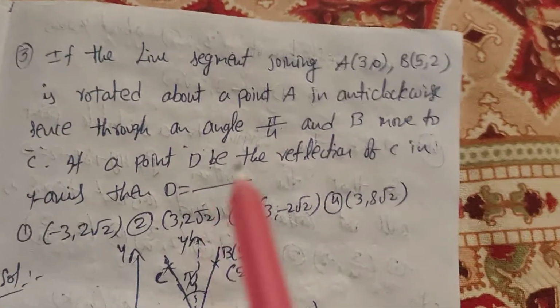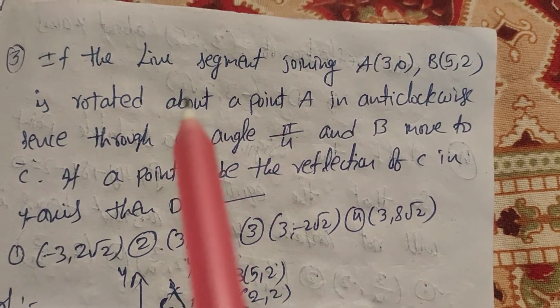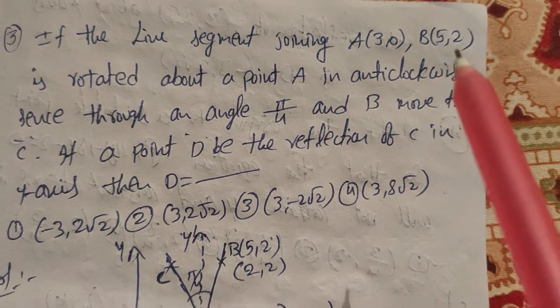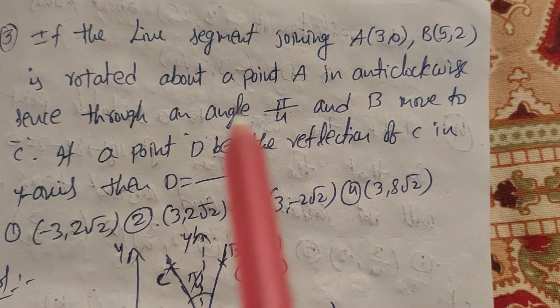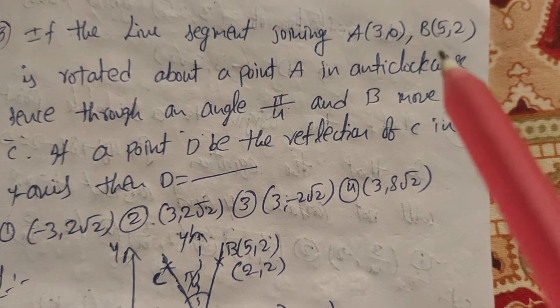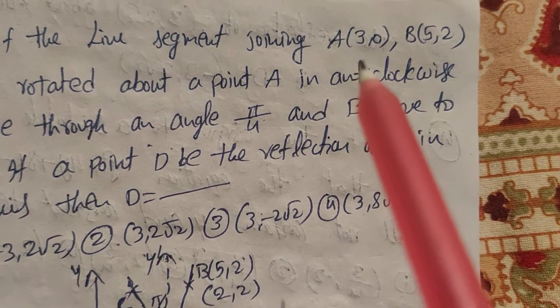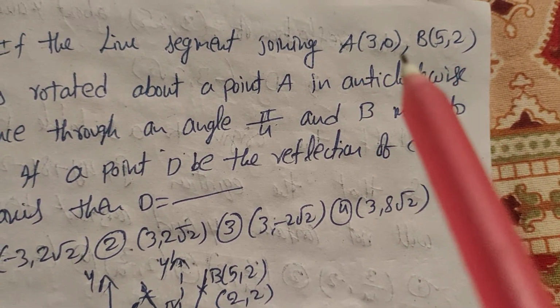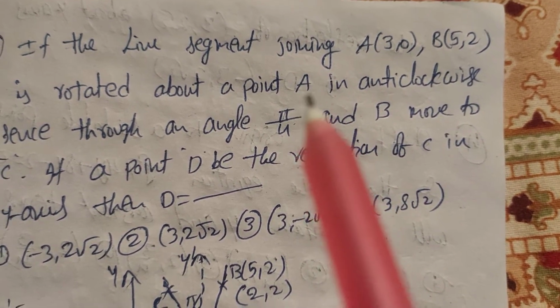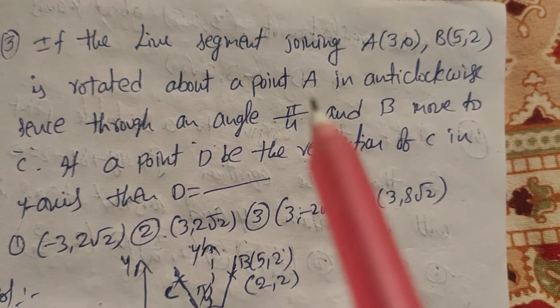Here are the given conditions. First, the line segment joining A(3, 0), B(5, 2) is rotated about the point A. If you draw the line segment joining these two points and rotate it about A, that means you are not rotating the coordinate axis.